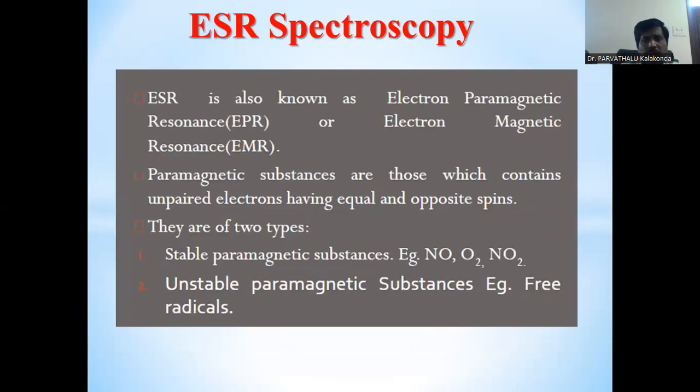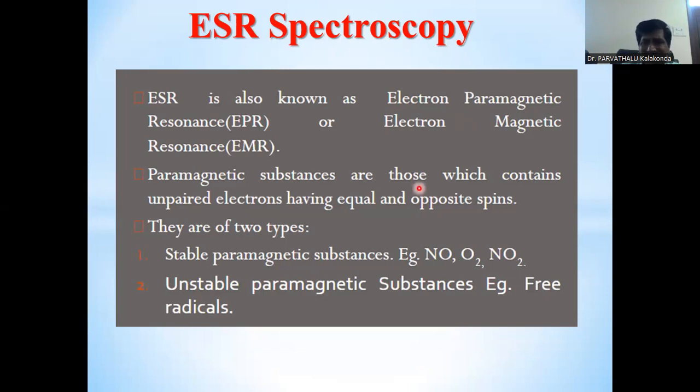We also call this EPR spectroscopy. Why? Because we are dealing with unpaired electrons, which means paramagnetic substances. That is the reason we call it electron magnetic resonance or electron paramagnetic resonance. So EPR, EMR, ESR: there are three names you should keep in mind.